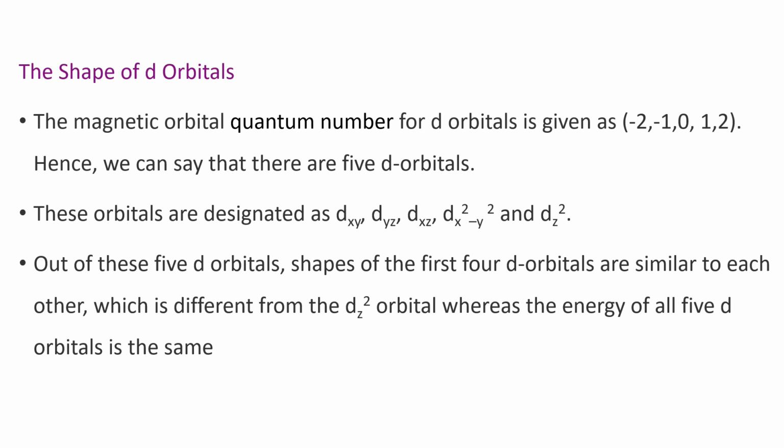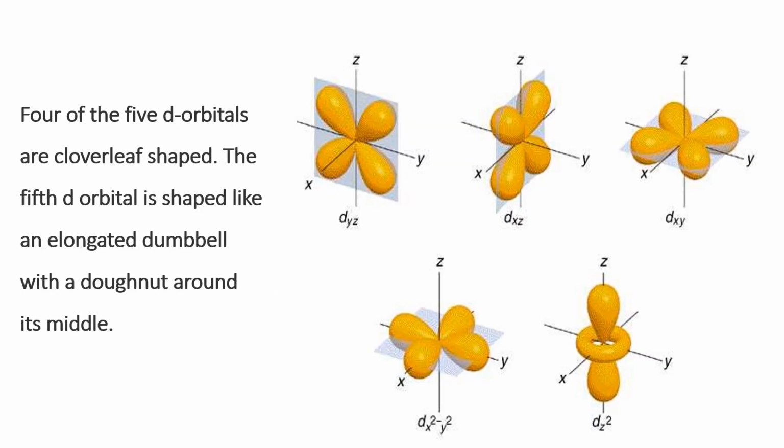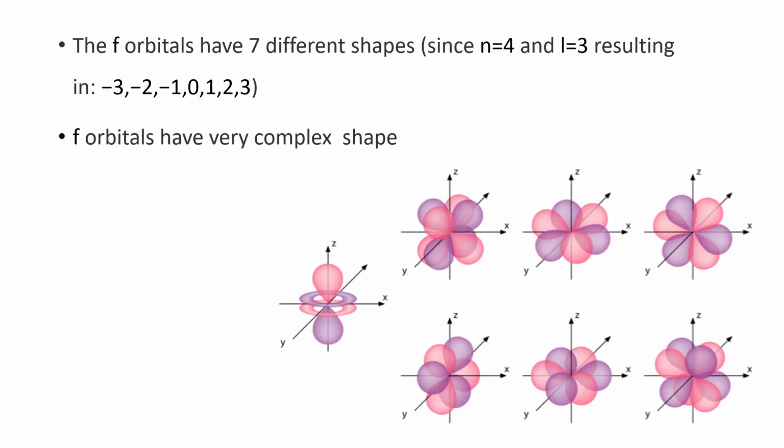Out of these 5 d orbitals, the shape of the first 4 d orbitals are similar, but the shape of dz square orbital is different. Whereas the energy of all 5 d orbitals is the same. 4 of the 5 d orbitals are cloverleaf shaped. The 5th d orbital is shaped like an elongated dumbbell with a donut around its middle.